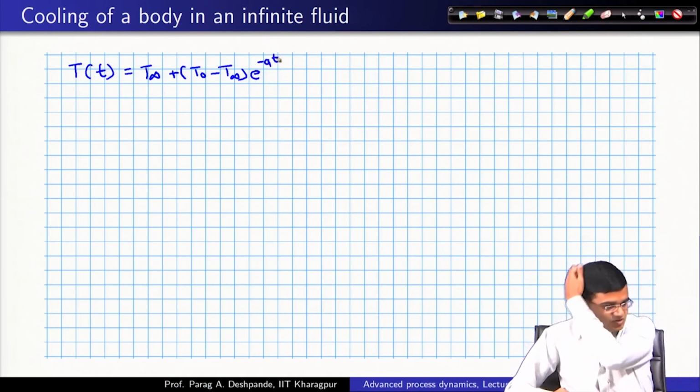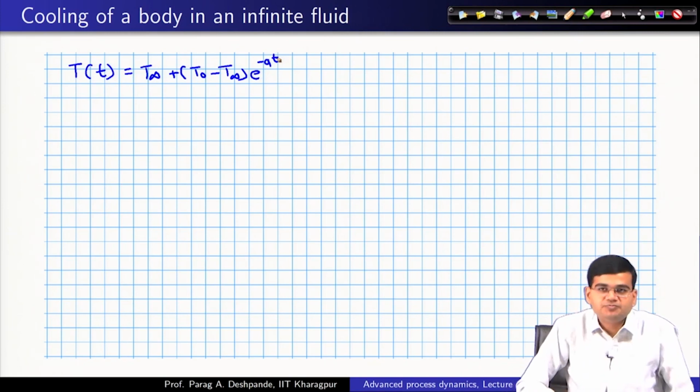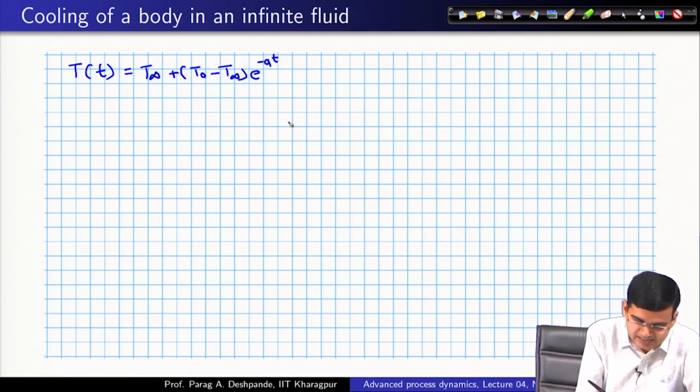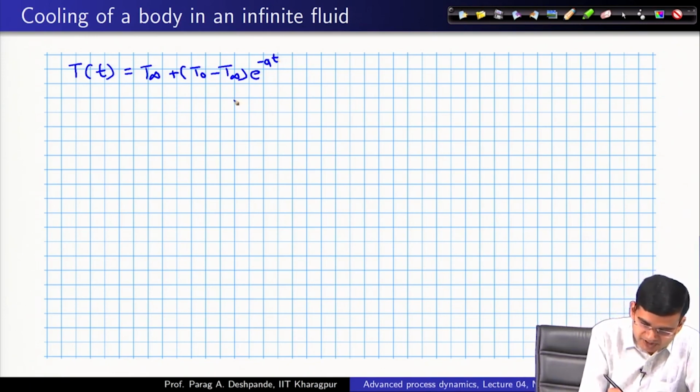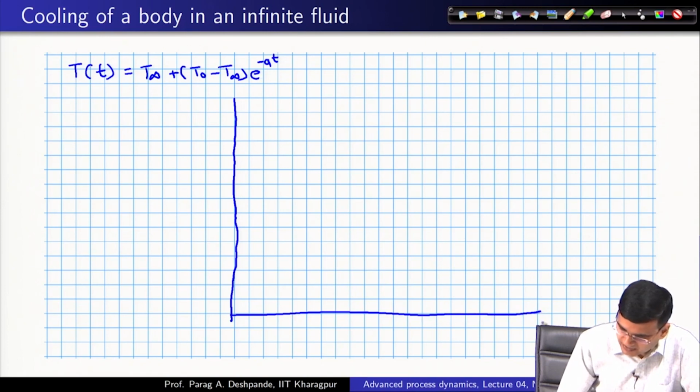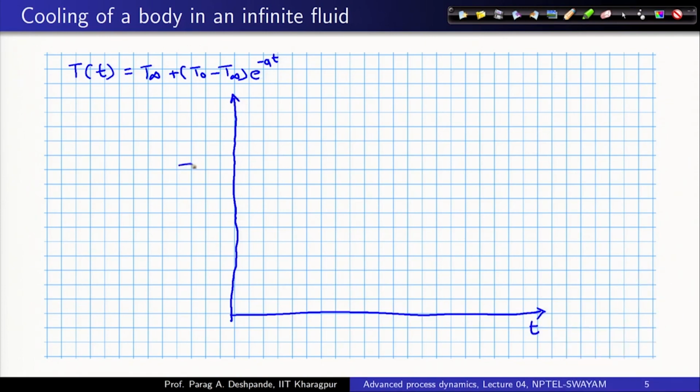Okay. So, how can I draw the phase portrait for the system using this model equation? Now, let me draw the coordinates first. This is going to be time, this is going to be temperature.